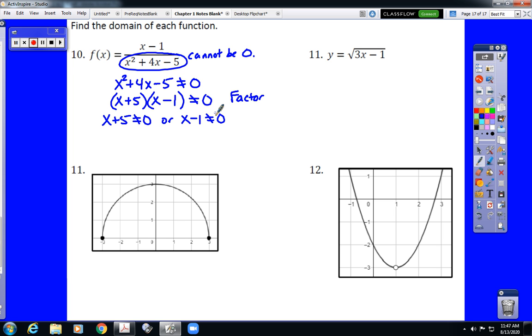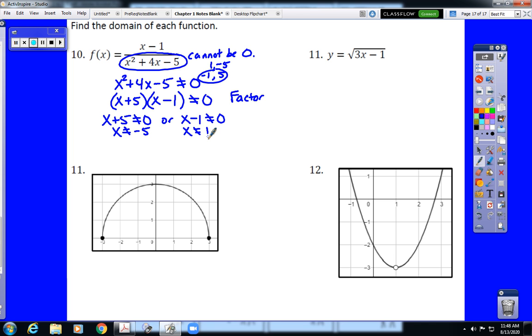Okay, I need two numbers that multiply to negative 5. So your options are 1 and negative 5 or negative 1 and positive 5. And you need the set that adds to positive 4. That's this set. Okay? All right. So our two values that x is not allowed to be are going to be negative 5 and positive 1. Every other number is fine.